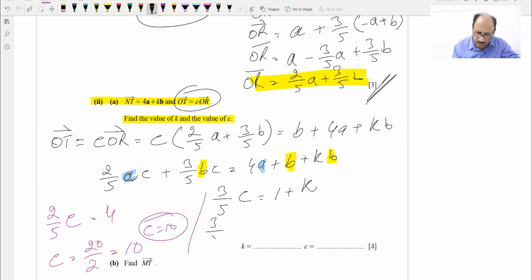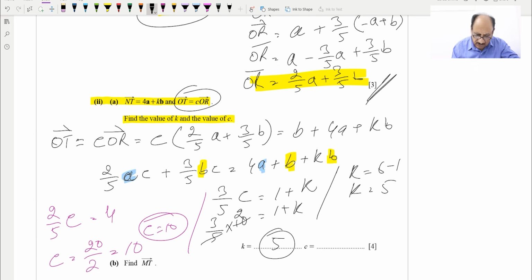So 3 over 5 into 10 will be equal to 1 plus k, and 5 twos are 10, so this will be 6, and k is equal to 6 minus 1. So k is equal to 5 will be the answer, and c is equal to 10. So these two are our answers for 4 marks.